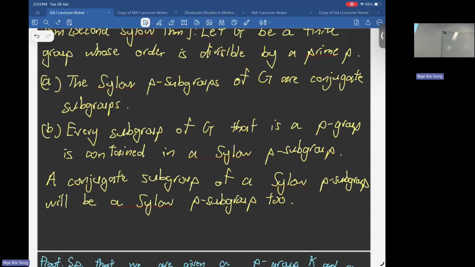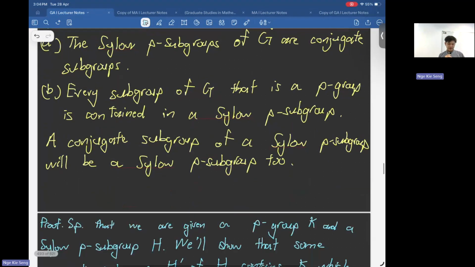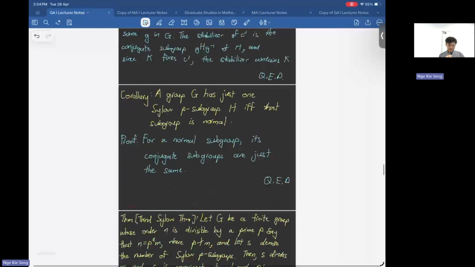Because your K and your Sylow subgroup have the same cardinality, and they should be the same group. Because B is just containment, right? For A, you have equality once you have the same cardinality. Okay, good, so the detail I left for you.